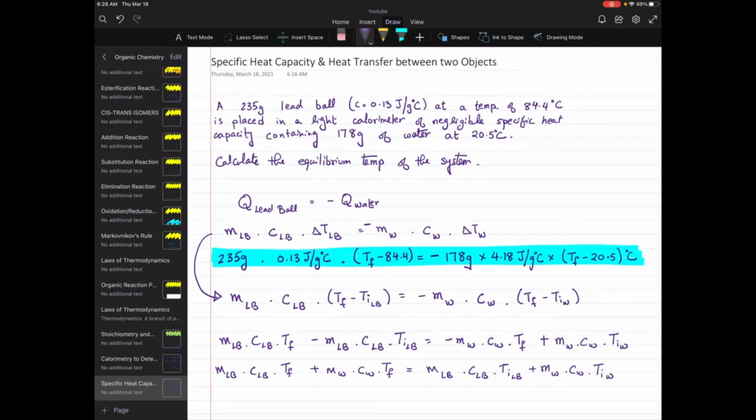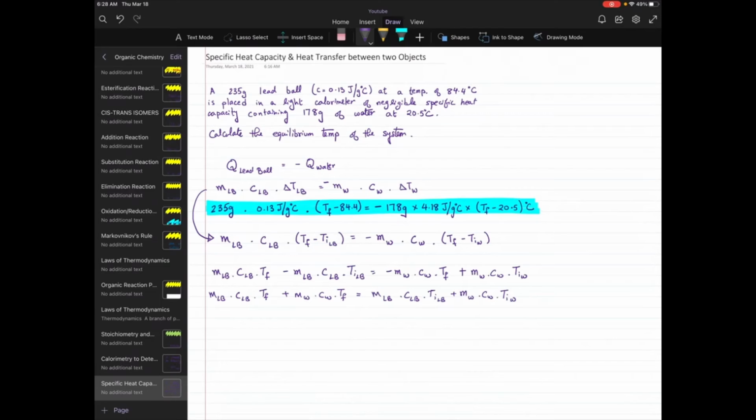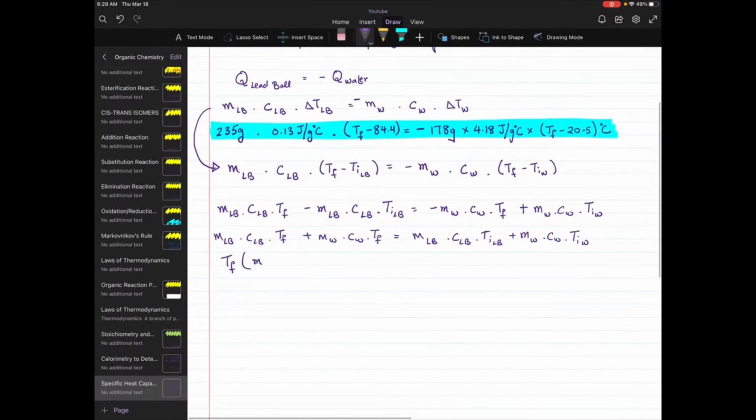So you see now the TFs are together and the TI values are on the right hand side. Continuing on with our algebra, we are going to take TF common outside, and what we get is M of LB times C of LB plus MW and CW is equal to this whole component.